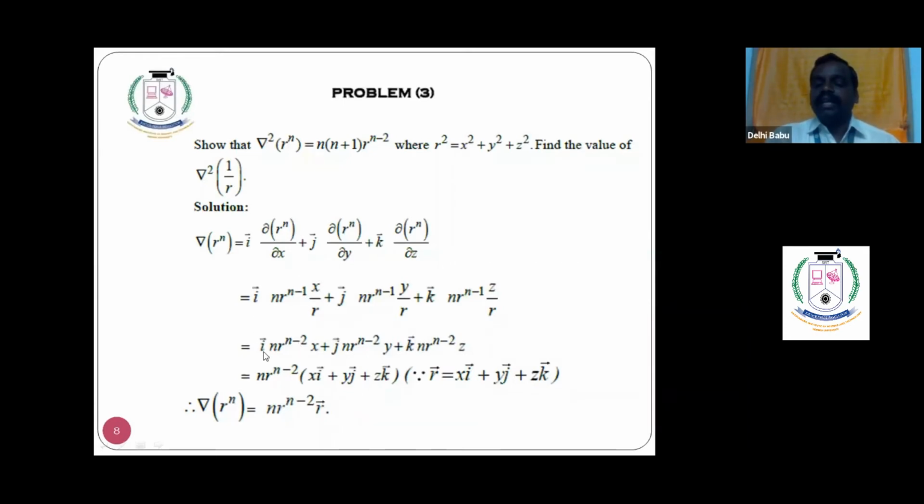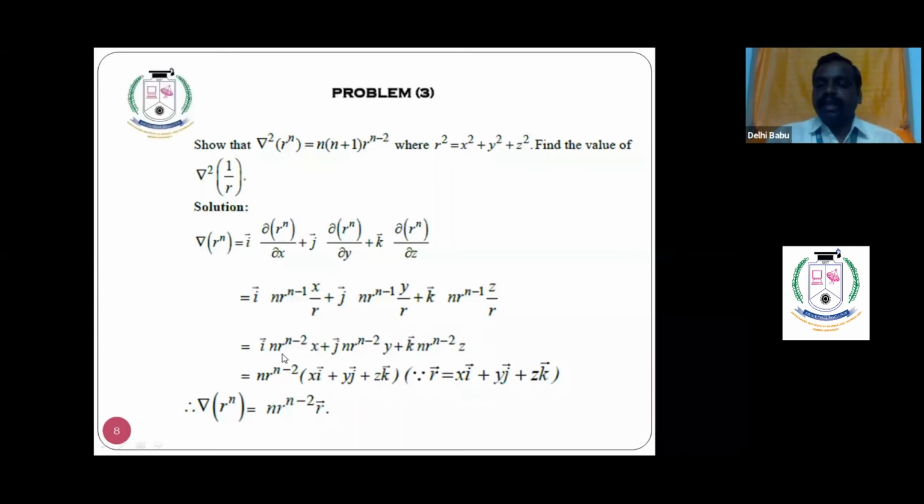So i vector into n r^(n-2) into x plus j vector into n r^(n-2) y, once again this power 1 brought into the numerator as r^(-1), and plus k vector into the same way n r^(n-2) into z.